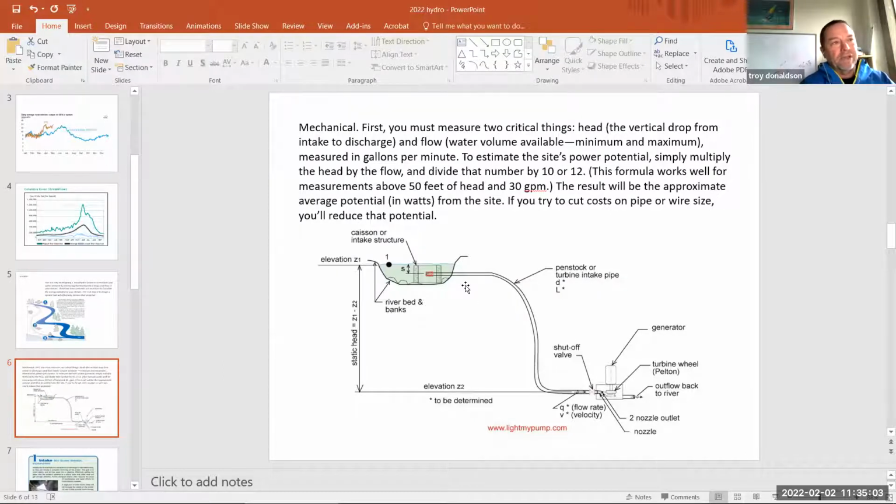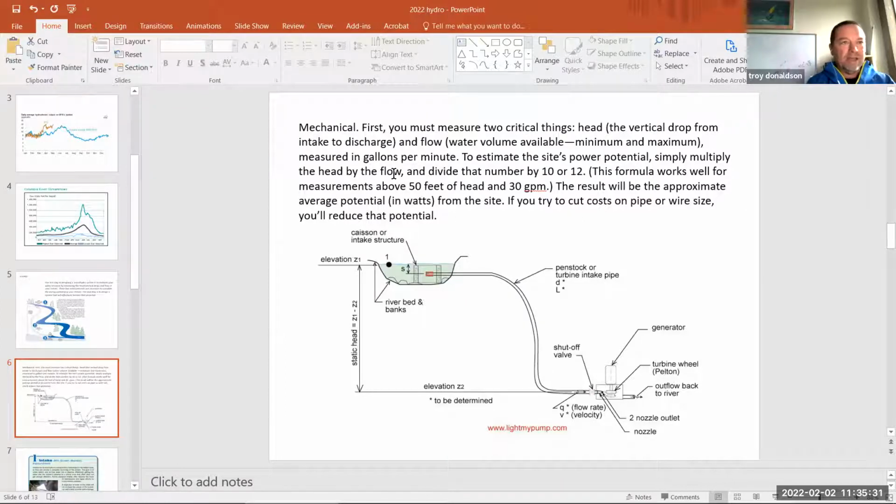Once we have that, we have to be able to at least understand or calculate the gallons per minute, or the flow. Flow is a volume per unit time, so gallons per minute is a flow. In this example, it says to estimate the site's power potential, simply multiply the head by the flow, and we need the units correct.